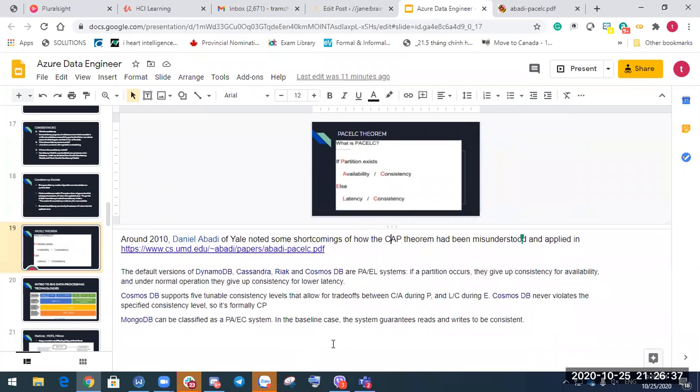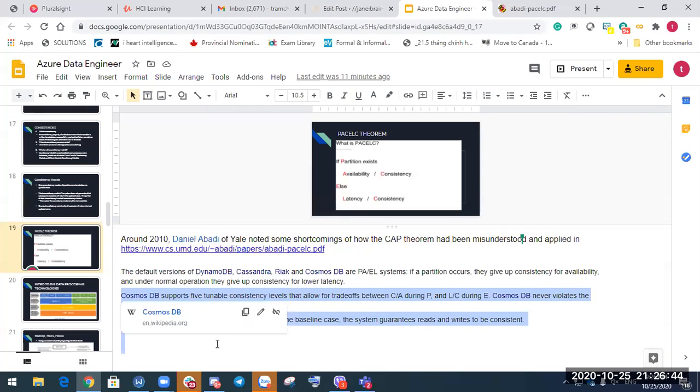I don't know why I didn't include this, but please go over this and read about what each system supports here, because it's very important to understand this first before we can start with Azure. And once you understand each letter, you understand why we cannot have all. That is the core concept, and from there you can understand why people design the system that way and the trade-offs of each system.